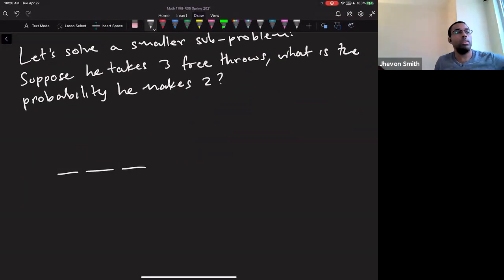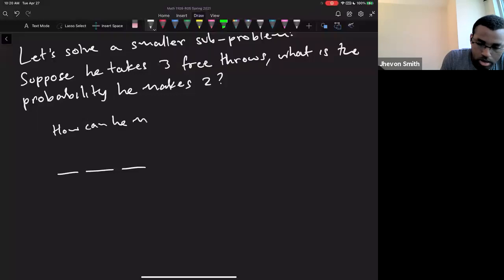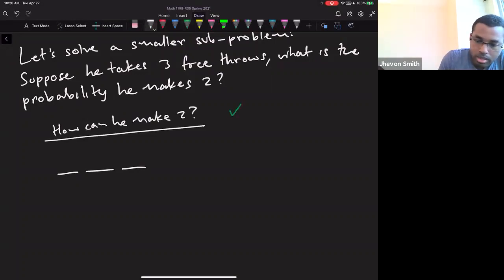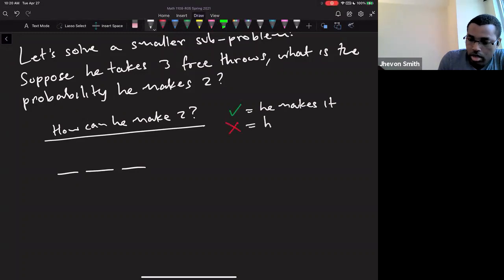So what we will do is think about how can he make 2? So let check mean he makes it, and X mean he misses.